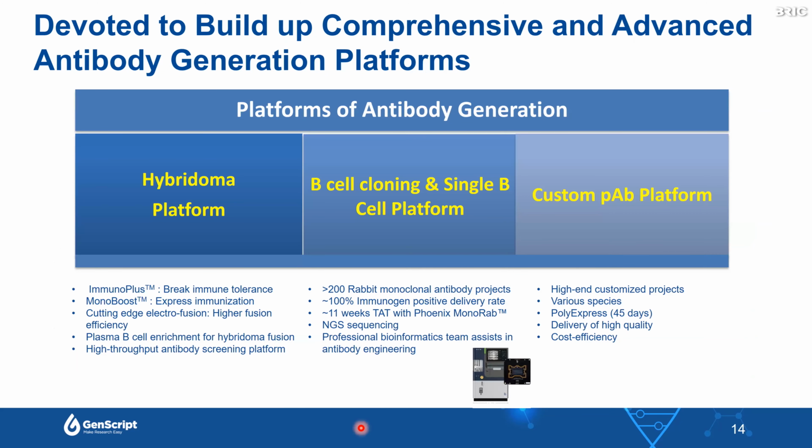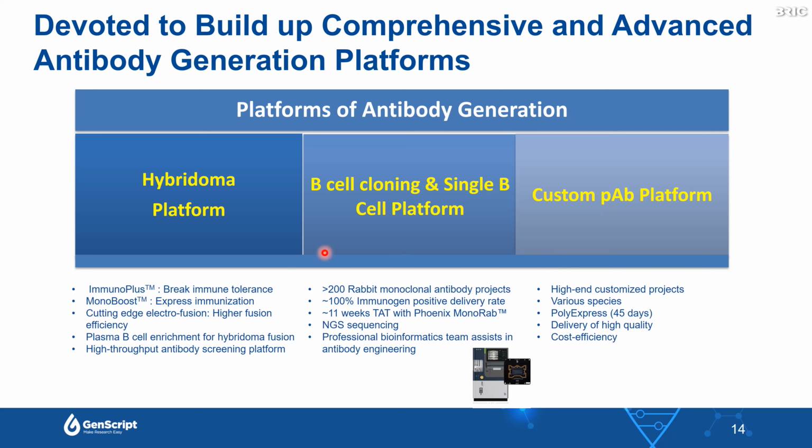As I mentioned just now, GenScript provides one-stop solutions from antibody generation to kit development. Starting from the initial phase, we start with immunogen preparation and animal immunization, and based on the requirements of the customer and the kit's needs, we perform either monoclonal or polyclonal antibody generation.